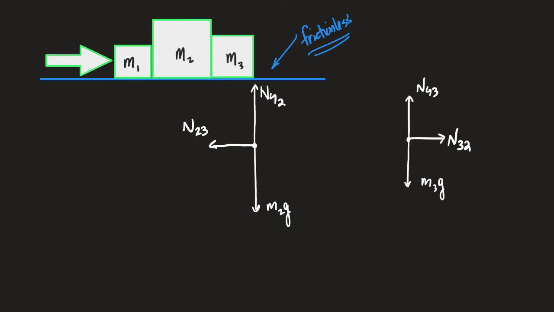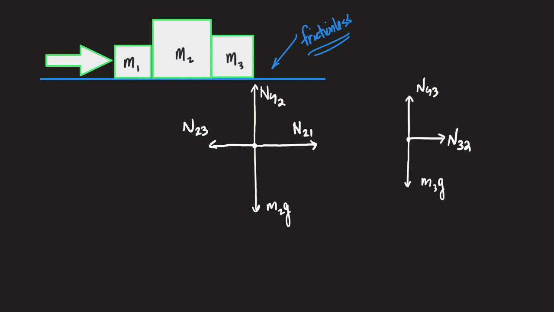Box 2 pushes on box 3, but box 3 then also pushes on box 2. Got it? But there's also normal force on box 2 from box 1. I think that's it.